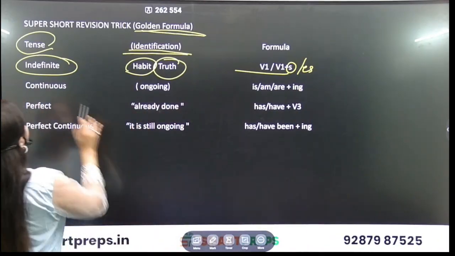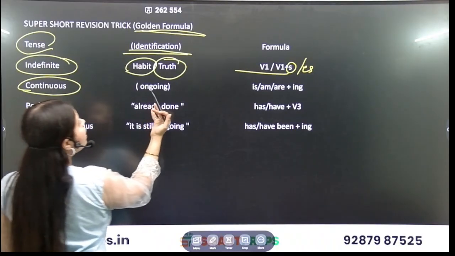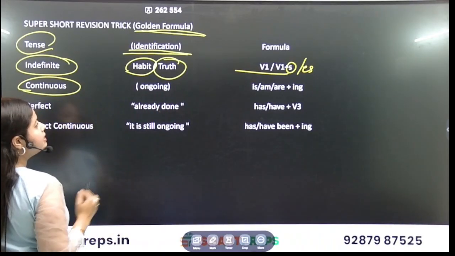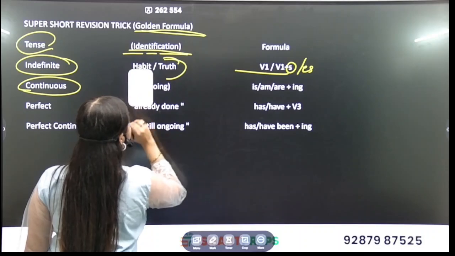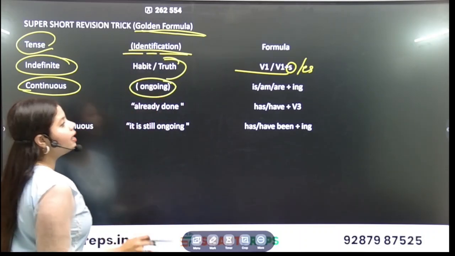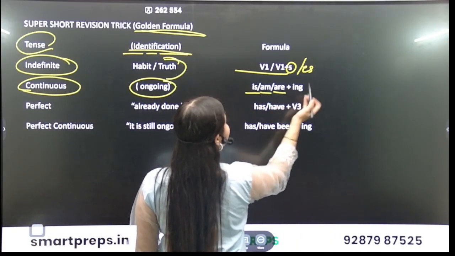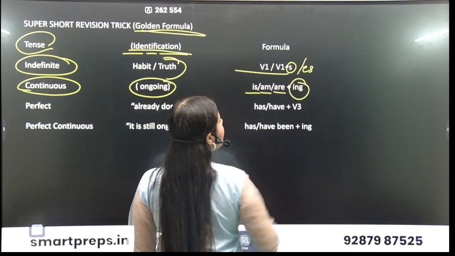Okay? Now, whenever we are talking about present continuous tense, then it means what? How do we identify that particular sentence? It means it is ongoing. The action is ongoing right now. Then how do we use it in the structure? Is, am, are, plus along with the verb, we'll be using what? Ing.